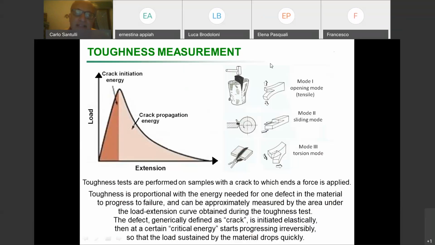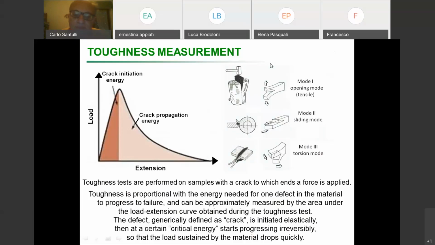It's the point up to which the crack progresses reversibly. Until that point, you could reverse the process and the crack wouldn't lead to failure of the material. Over that point, you have the crack propagation energy, so the crack progresses alone, irreversibly. The whole area under the curve is the energy that you need to break a material by a crack.